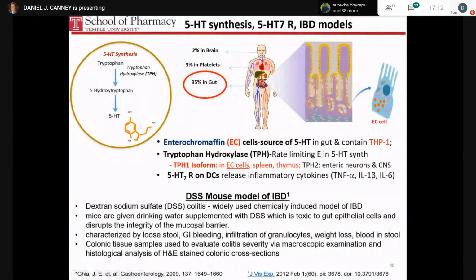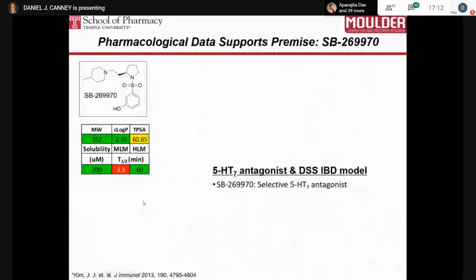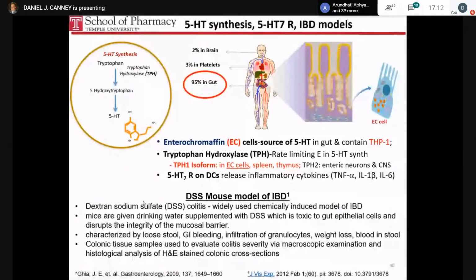Something that you may or may not be familiar with is a DSS model of IBD. This is a fairly simple model. It's an irritant, dextran sodium sulfate, which is a chemically induced model of IBD. The DSS is just simply added to their drinking water, of course, in a specific concentration.